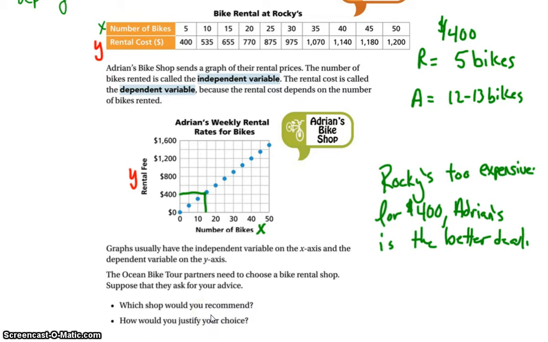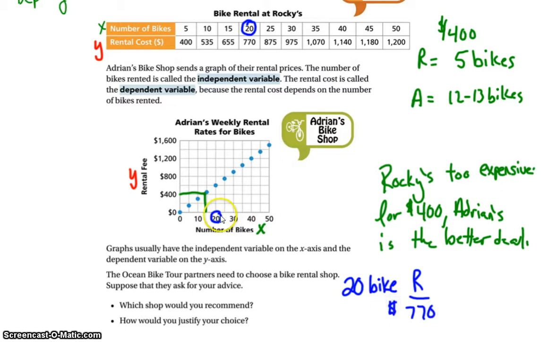Okay. However, if we look at another amount, okay, let's say what we could do with 20 bikes. So if I take a look at 20 bikes, I'm going to go over here to my 20 on my x and 20 here. So for 20 bikes at Rocky's, I'm going to pay $770.